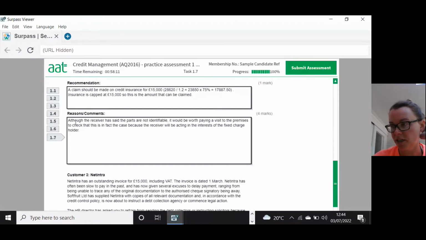Remember, a fixed charge is where someone has lent money to the business against security of a specific asset. A typical example might be a mortgage. So that would be one reason or comment.